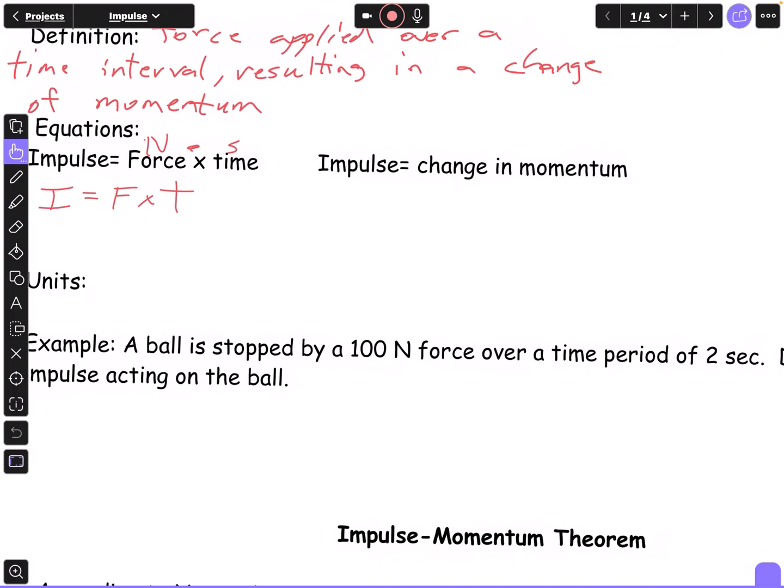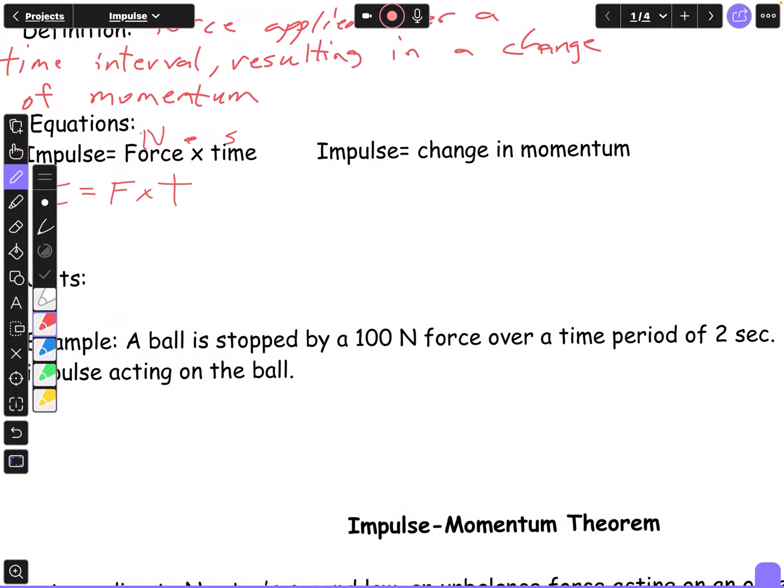Now another equation that we have is impulse is equal to change in momentum. So we know that the change in momentum is delta P. So I, impulse, is equal to the change in momentum. And I know that the change in momentum is M times delta V. So I can plug that in, and say the impulse is equal to M times the change in velocity.